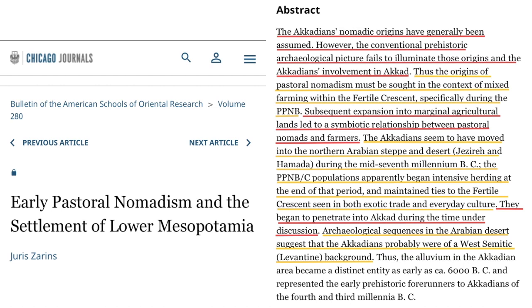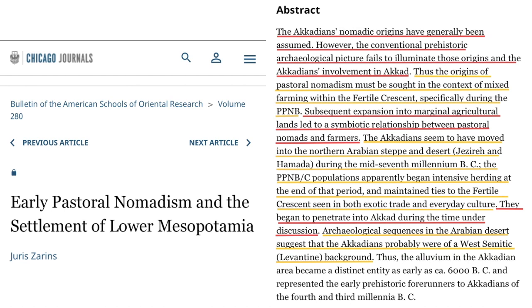And let's finish. It says, "The Akkadians seem to have moved into the northern Arabian steppe and desert." And again, that's what I meant earlier about the origin of Proto-Semites being in a more Levantine Arabian type of region, because the Akkadians seem to have moved into the northern Arabian steppe desert, and so that's basically the Levant and Arabia.